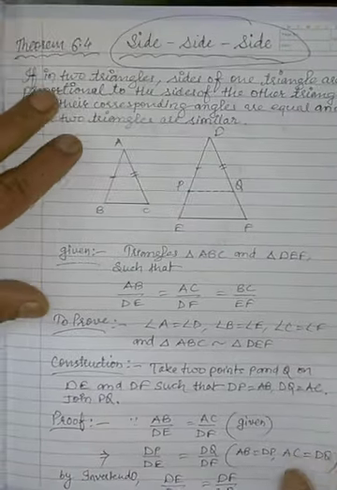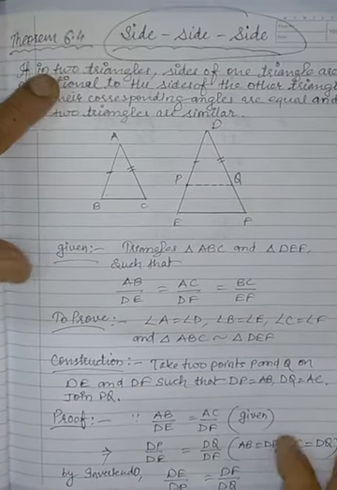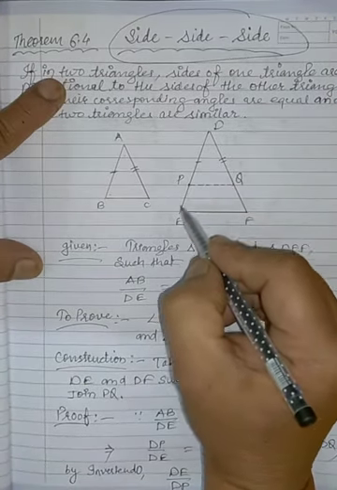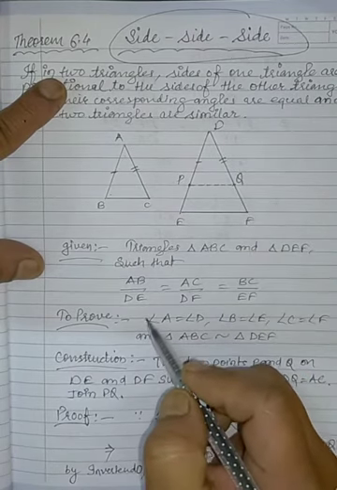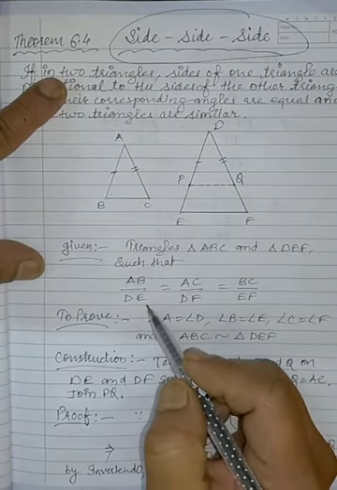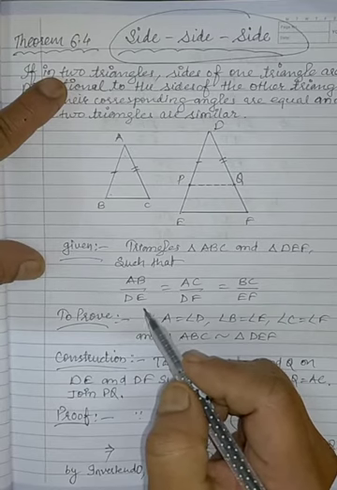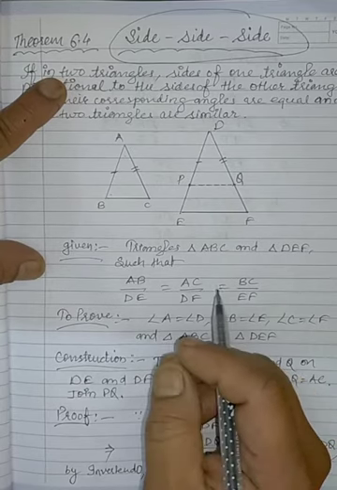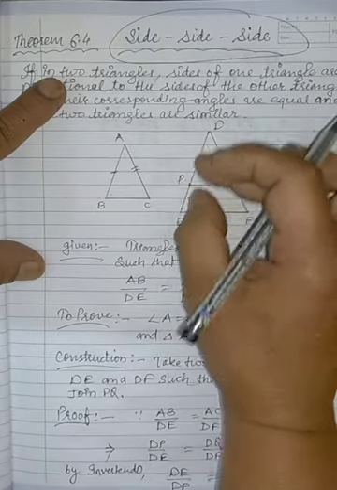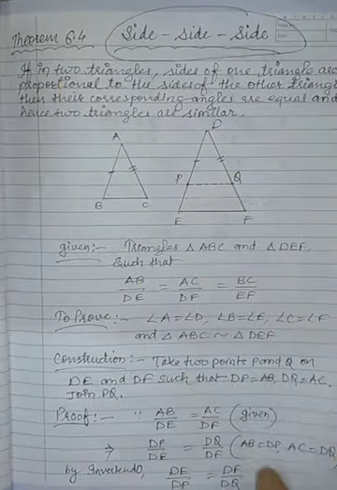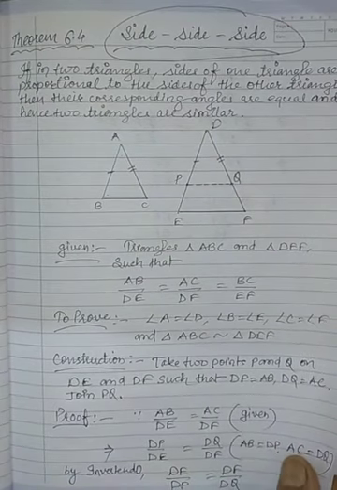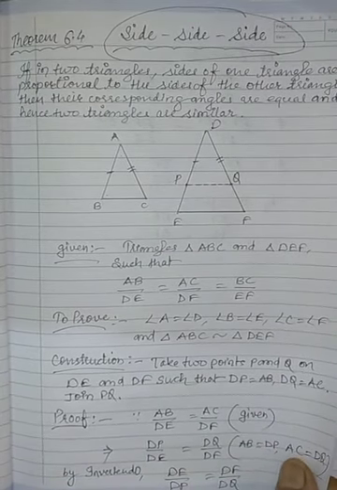Now look at this figure. DP upon PE is equal to DQ upon QF. That means now we are in a state that we can use the converse of BPT, which says that when the ratios are equal, the line is parallel to the third side. So we get PQ parallel to EF.